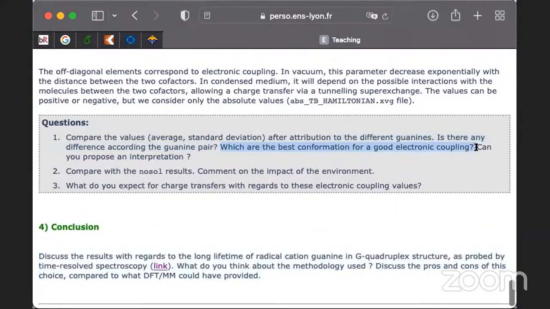This question we address also. The best conformation is to be pi stack, which we chose as a QM model system in the beginning, probably the share of the orbital.